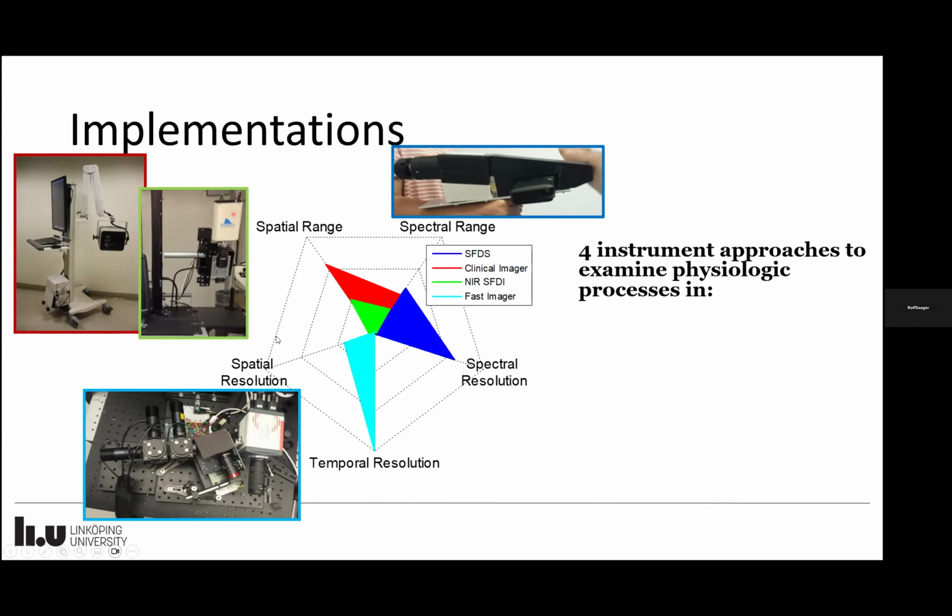Do you want a lot of spatial detail, a lot of temporal detail, cover a large area, cover a large spectral range, or a lot of spectral resolution? Based on the technology available in the components in either projector or sensor, there are certain compromises you always have to make. So you can have something with really high spectral resolution, but it might be very slow.